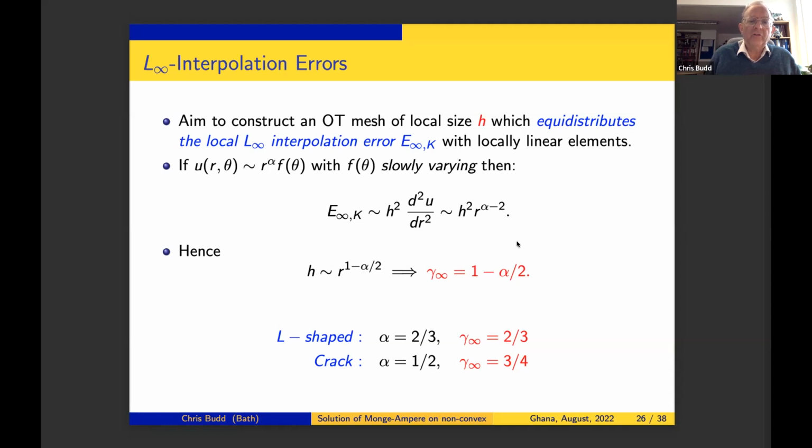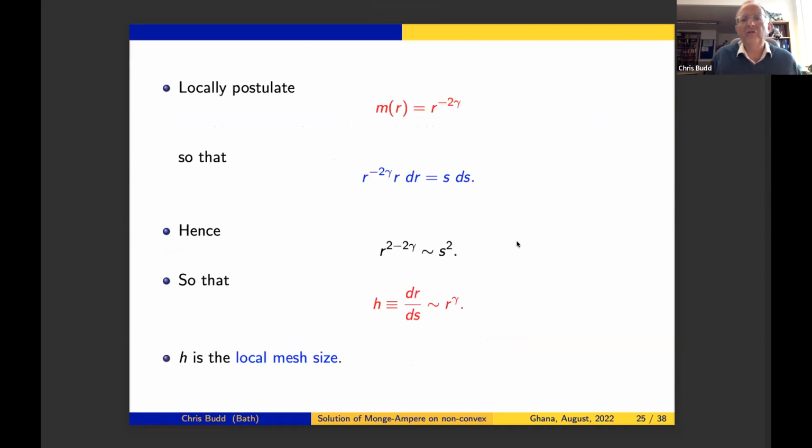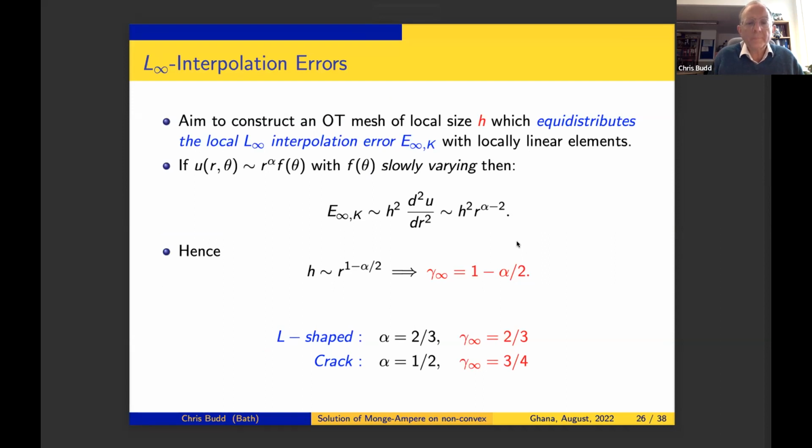That tells me that h looks like r to the 1 minus alpha over 2, which tells me that gamma in the solution of the Monge-Ampere equation is optimized by taking it to be 1 minus alpha over 2. So for an L-shaped domain, alpha is 2/3, so gamma is also 2/3. And in the crack, alpha is a half, so gamma is 3/4. This is brilliant. This tells me the optimal value of gamma, which can then be substituted into the monitor function M in order to solve the Monge-Ampere equation to find the mesh.